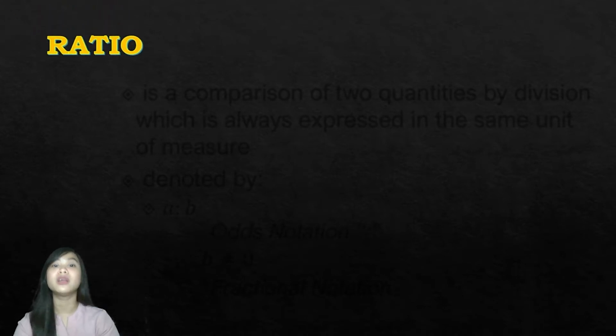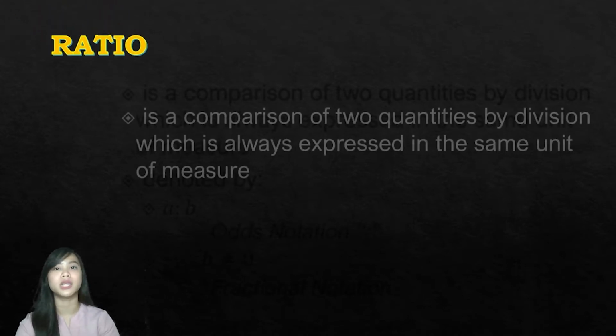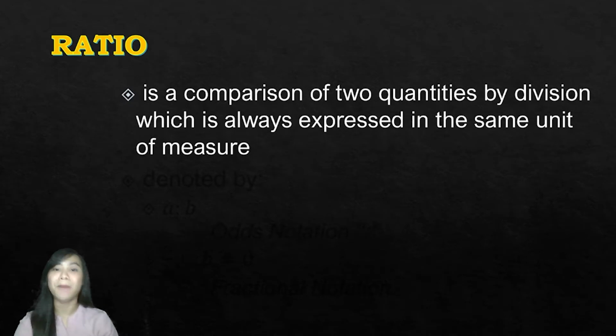Okay, let's start. Let us define the term ratio. So what is a ratio? It is a comparison of two quantities or two values by division. So we are using the operation division in ratio, and these two quantities are always expressed in the same unit of measure.